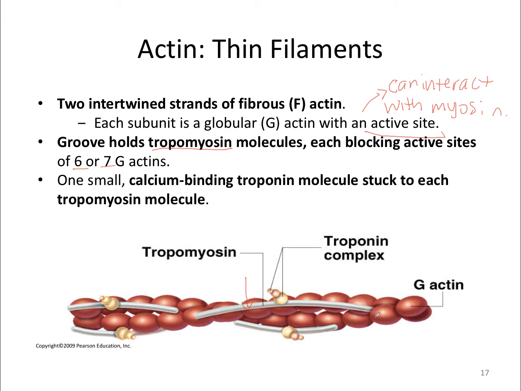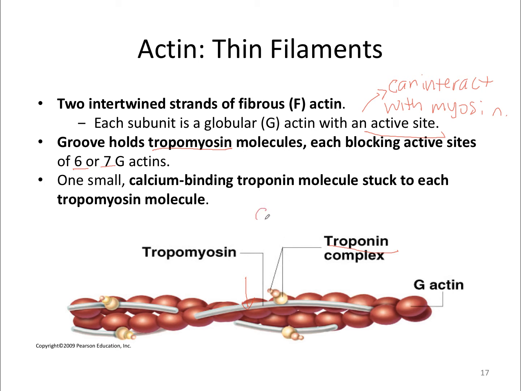On the tropomyosin, there is a complex of 3 little proteins that together we call troponin. And these bind to calcium. So remember the calcium that we're storing in the sarcoplasmic reticulum? What does it do to allow the filaments to slide past each other?